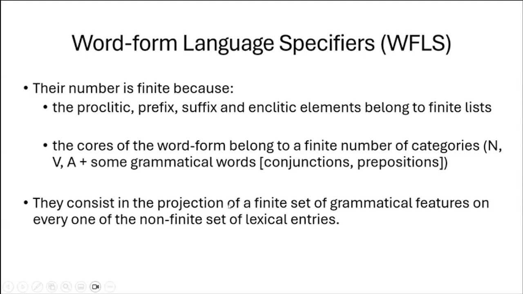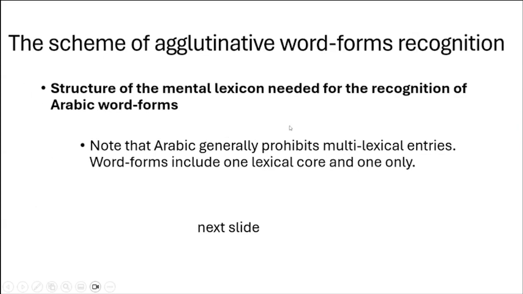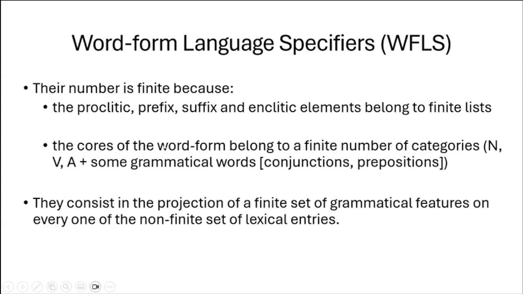Okay, so I should have written non-finite here. I'm sorry. The cores of the word belong to non-finite numbers, or to a finite number of categories, but a non-finite number of entries. A finite number of categories, which are noun, verb, adjective, and a few grammatical words.